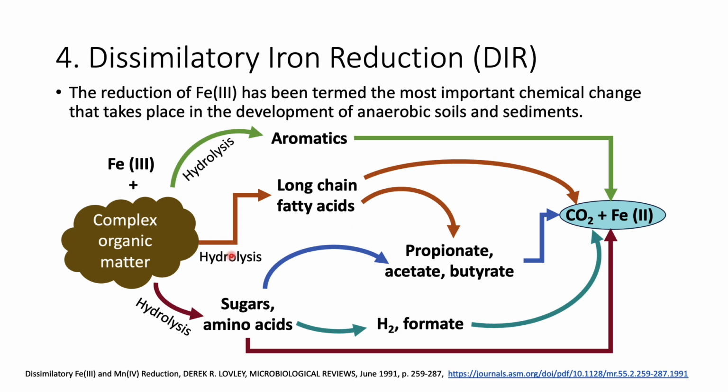Or hydrolysis of long chain fatty acids happens, which leads to propionate, acetate and butyrate, which are further converted to carbon dioxide and iron 2+. Or sugars and amino acids are converted to hydrogen and formate, which are further converted to carbon dioxide. So these are all the various cycles that are involved.